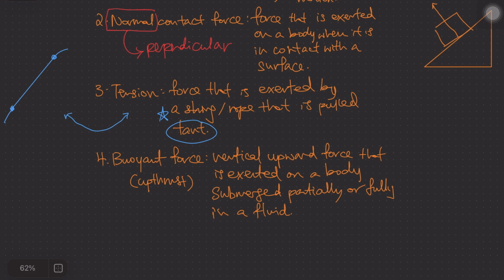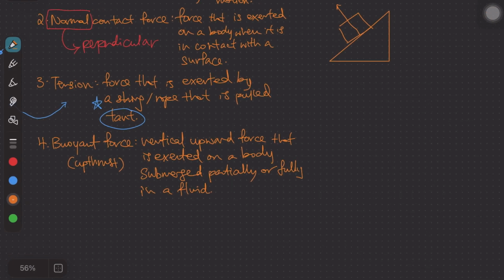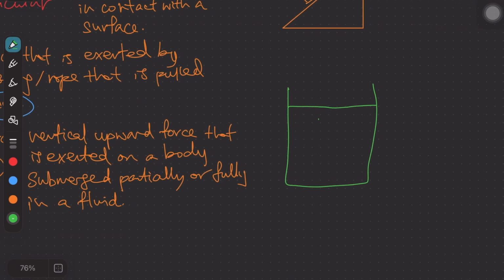So how does this force arise? Let's think about it. Let's say we have this beaker of water, and I put in a cylinder. My cylinder experiences a force upwards along this surface due to the pressure of the water over here.